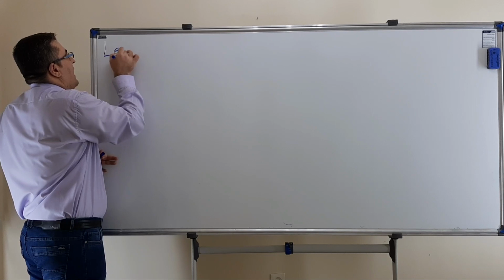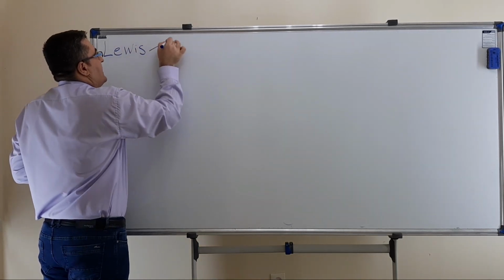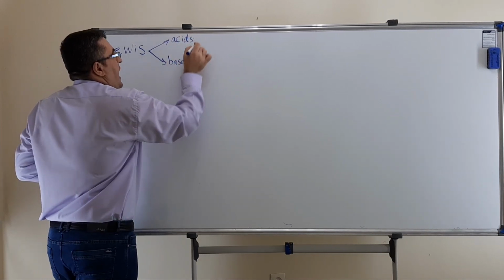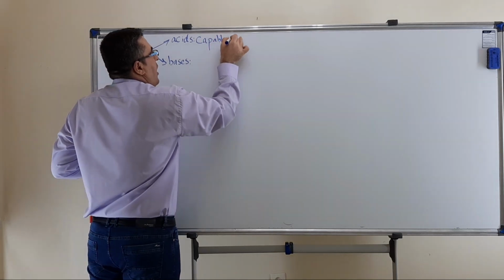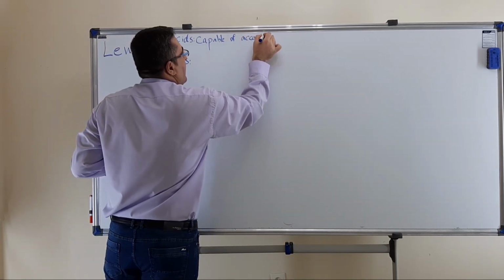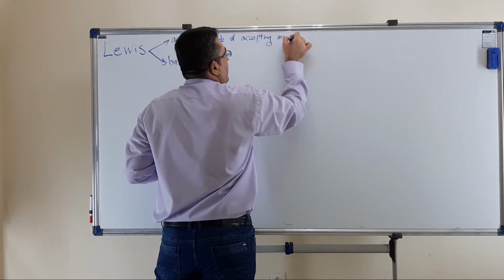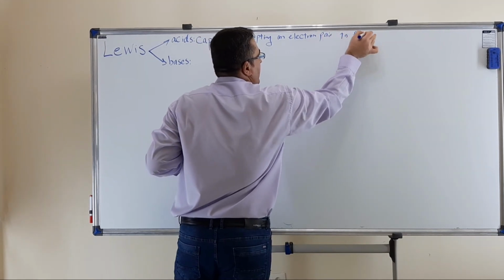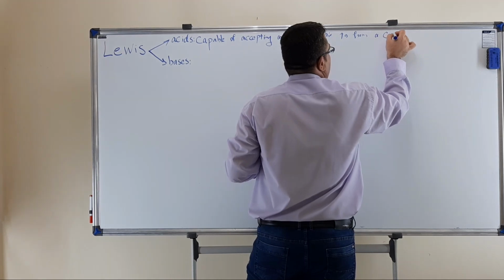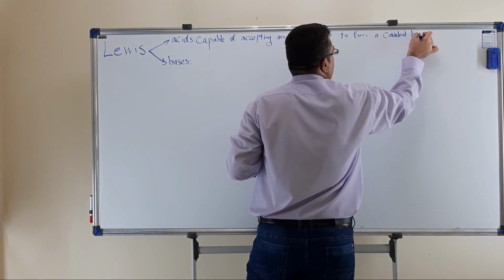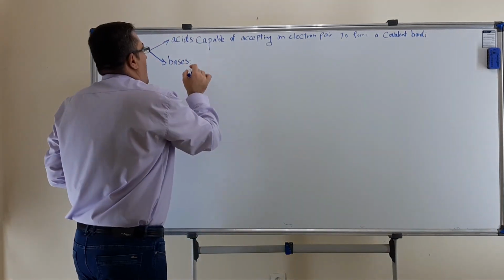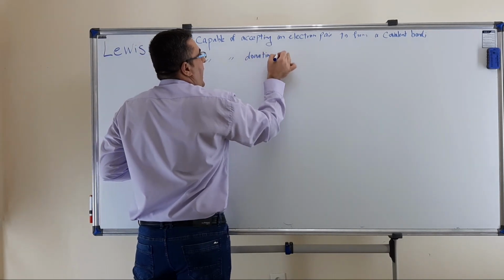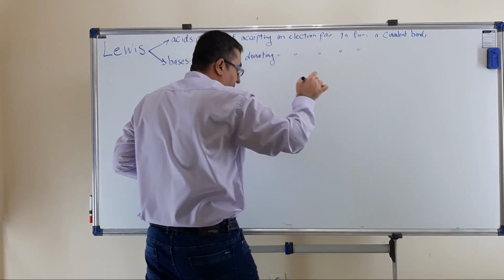So we have the Lewis acid-base theory, based on which acids are capable of accepting an electron pair to form a covalent bond, while bases are capable of donating an electron pair to form a covalent bond.